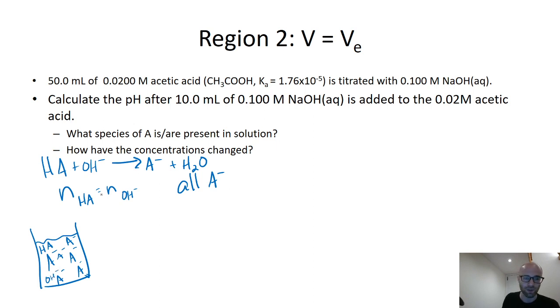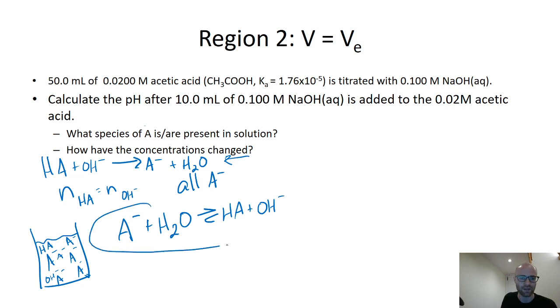And so really, while this is the reaction that happens in the titration, once you hit that perfect equivalence point, what actually takes place is that in that solution, a tiny amount of the A minus will back react to recreate a small amount of HA and hydroxide, and it's this reaction that's going to guide the pH of your solution.